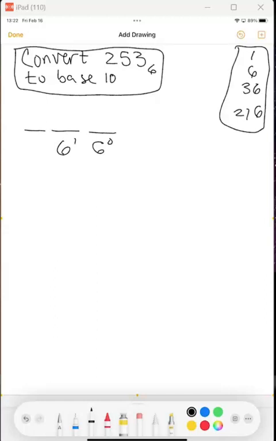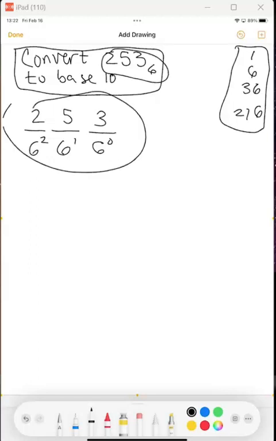If you're given a number in a different base, think again what it means, and then write your little scenario here. So when you see this notation, if I'm base 6, this is what it means. I have 3 6 to the 0s, I have 5 6 to the 1s, I have 2 6 squareds. I'm not comfortable with it, so I'm going to write it that way.